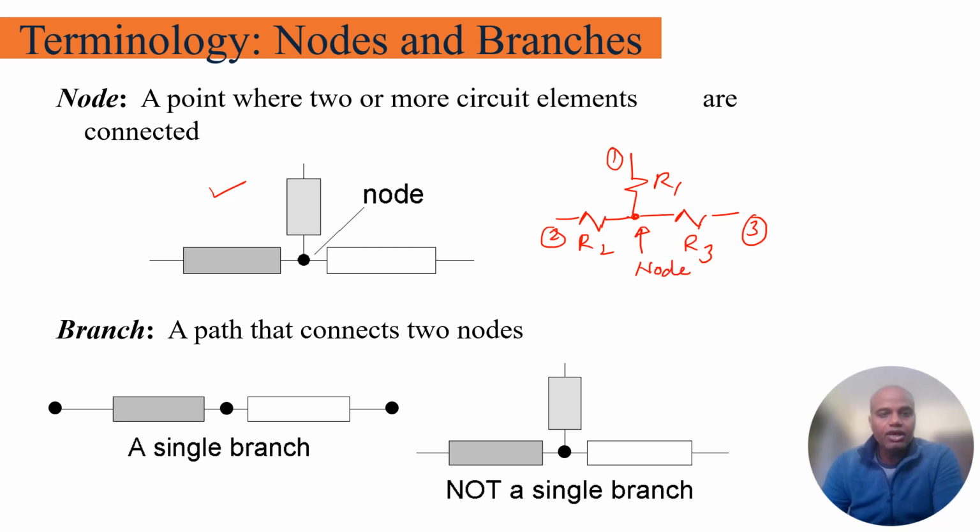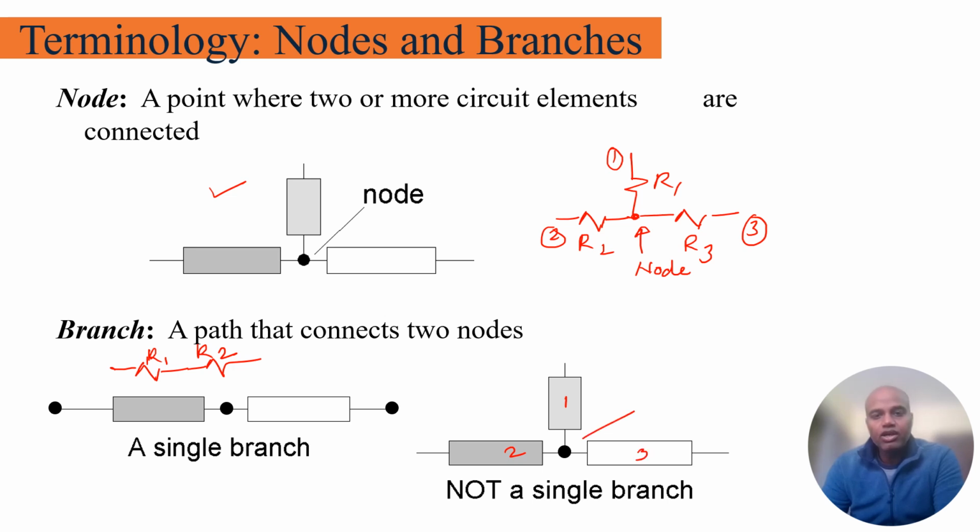Whereas if I have a single branch, let's say resistance R1, this is nothing but my single branch, and this can be further extended to a series combination with R2. Similarly, again here we have three branches, branch 1, 2 and 3. All these three are individual branches.